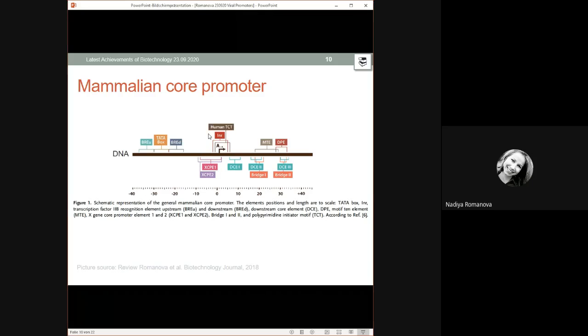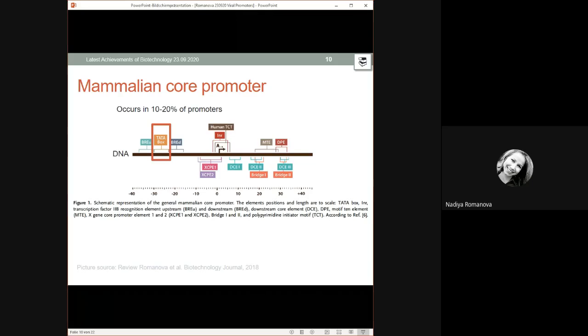You should also be aware that none of the endogenous promoters have actually all of these parts. Usually, a normal endogenous mammalian core promoter comprises 2 to 3 of these elements. The most known of them is probably the TATA box.